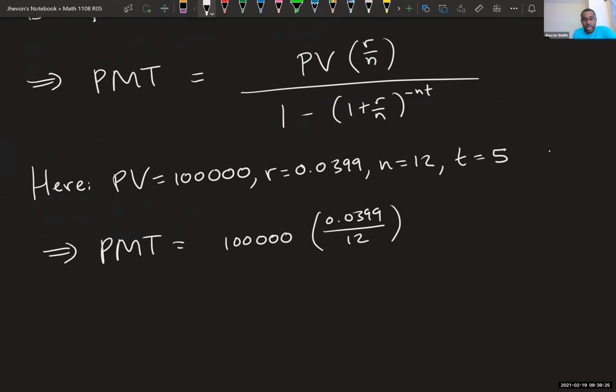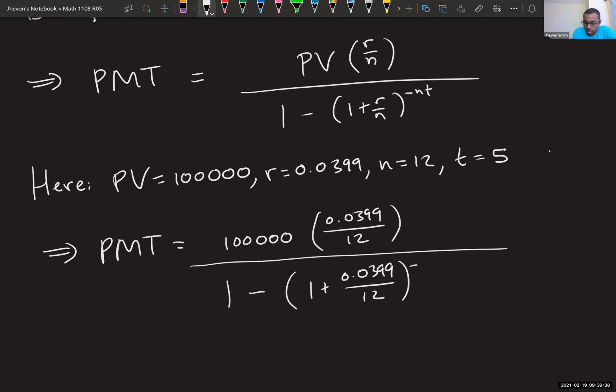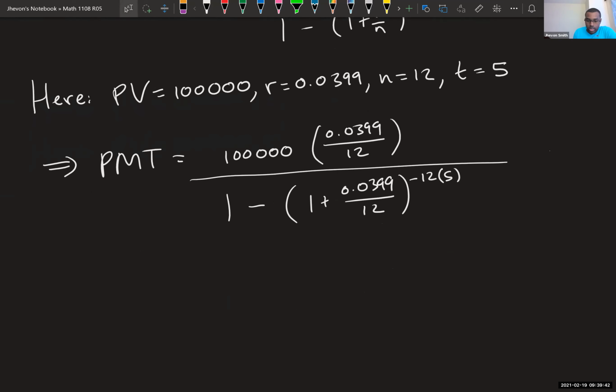So that's 3.99% over 12, 12 times compound per year. Right, so again, that's 3.99% compounded 12 times per year for 5 years. So that's going to be the calculation. That's going to be my monthly payment.